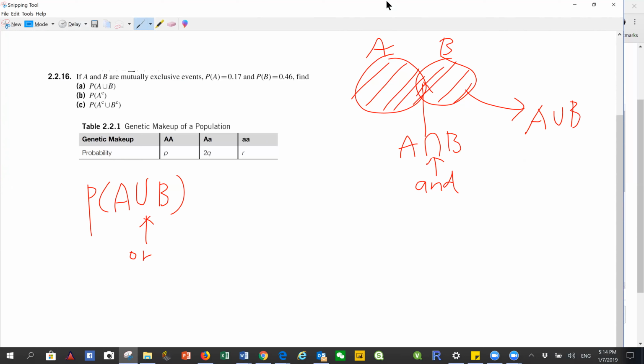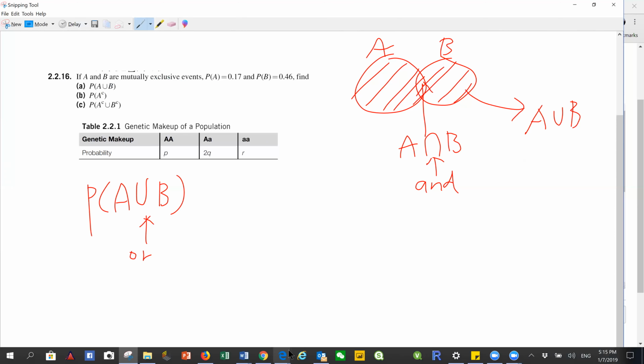So now that you have A and B, what you need to know is A and B, and subtract it from PA plus PB, and that will be the answer. But how do you find PA and PB?